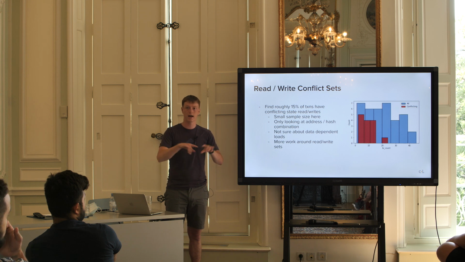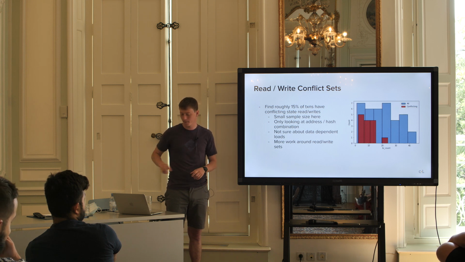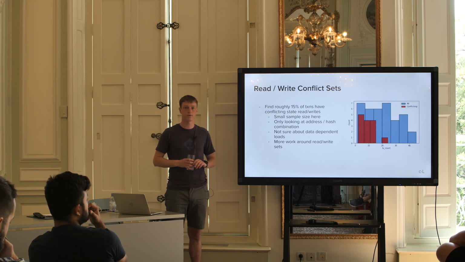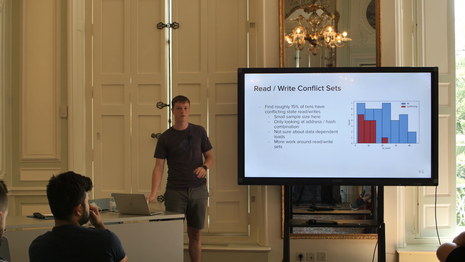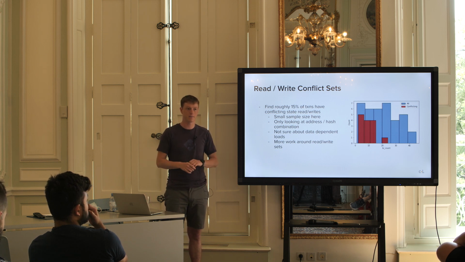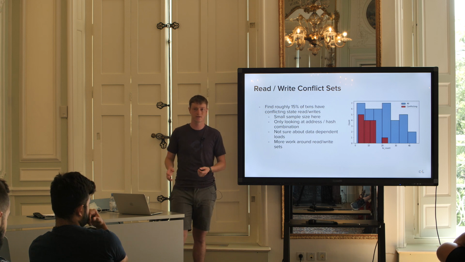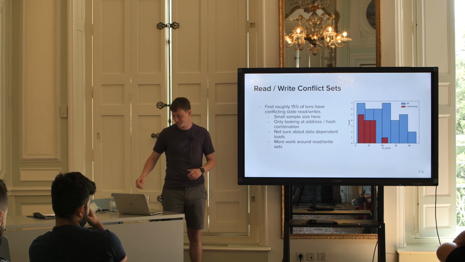That's a data dependency between the two, which is very hard to work around in terms of making it performant. Because even if you have conflicts, going back to the start, you may not have that data dependency, which means you can keep it all on disk. So I'd like to have data on whether these dependencies exist, but that's future research.